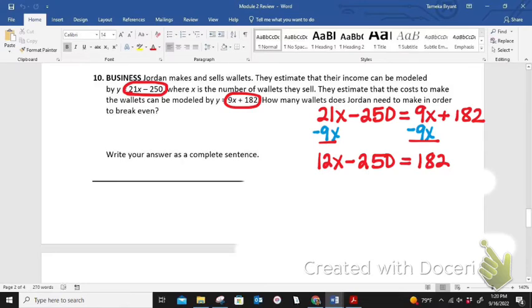So now you're going to add 250. So 12x equals 182 plus 250.